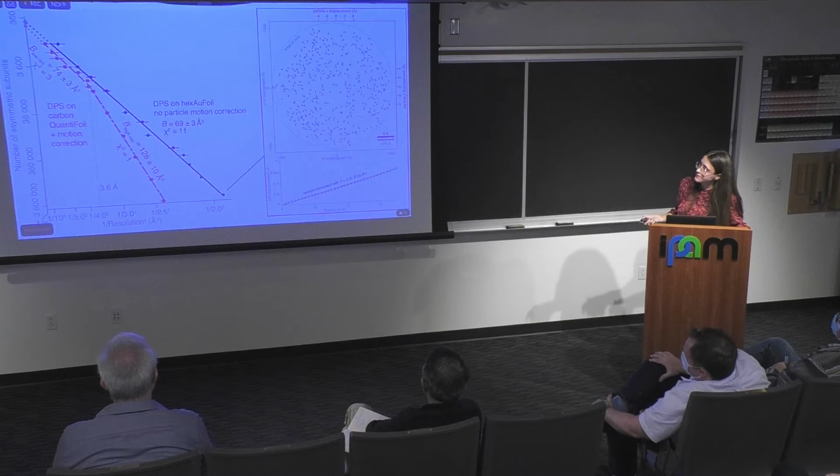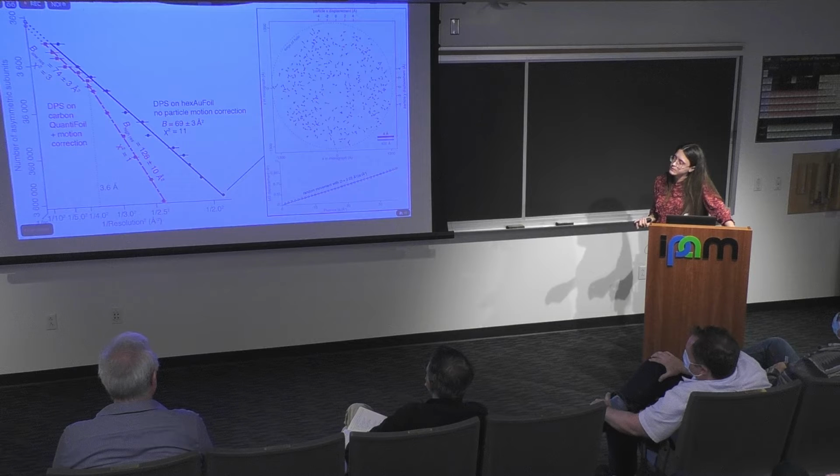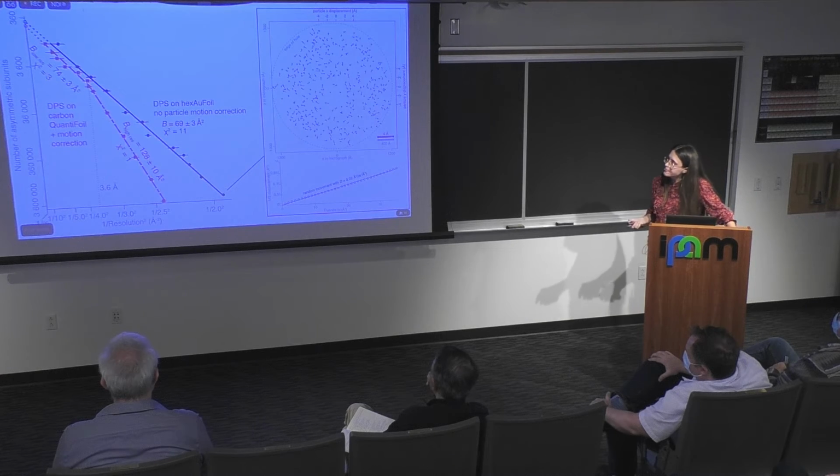And interestingly, the B factors are different, especially in the high resolution range, meaning that these effects of uncorrected sample motion really only kick in after you pass some resolution around 4 angstrom. In the low resolution range, this doesn't really matter.